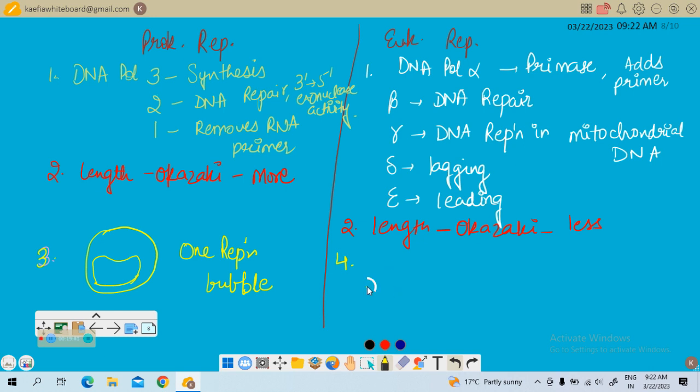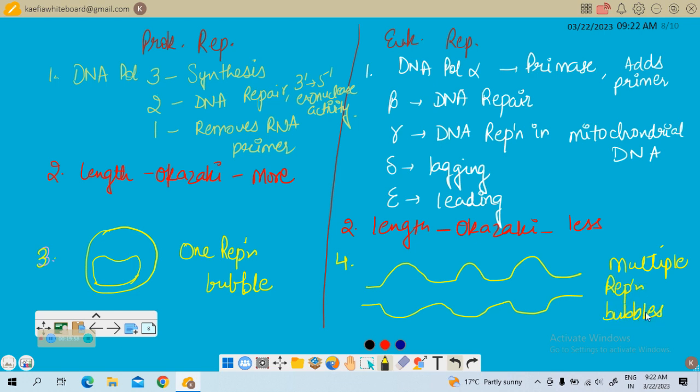So here we have like this, then this, then this. Here we have multiple replication bubbles. Okay, so this was about initiation. We have two more stages, elongation and termination, that we'll discuss later. Okay, thank you.